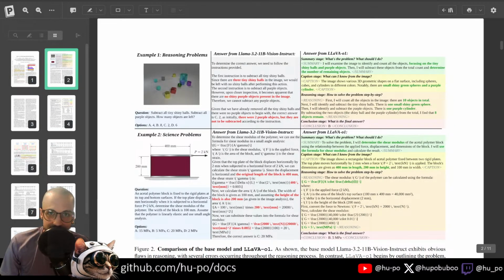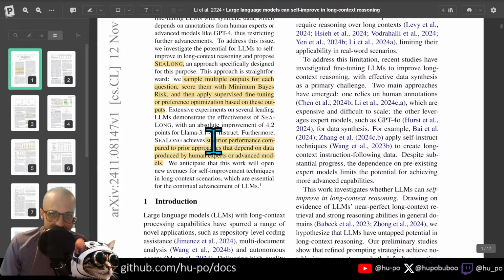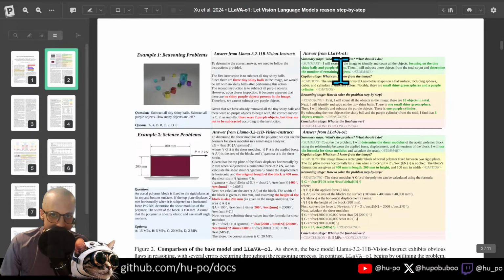So whenever they say data produced by human experts, this is what they're talking about: some human expert created this series of steps, and you could imagine taking this data set, so now you have this, and then you have this as the answer. And then you could train some language model. You can fine-tune some vision language model with this, right?